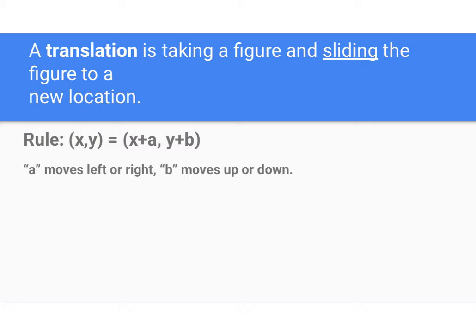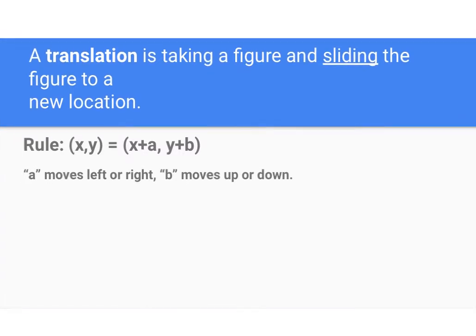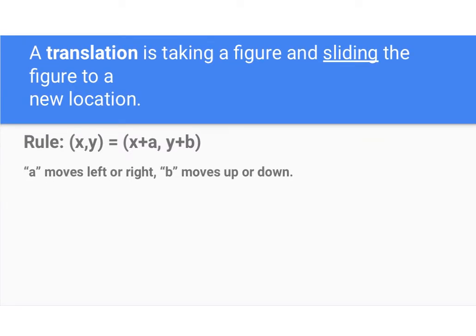If you remember in algebra, when you were plotting lines in the coordinate plane, you have your X and Y axis, and each point on that coordinate plane has a specific ordered pair, which is X comma Y. Once you identify a point, you can follow the rule associated with a translation to move your image left or right or up and down. So let's take a few examples.